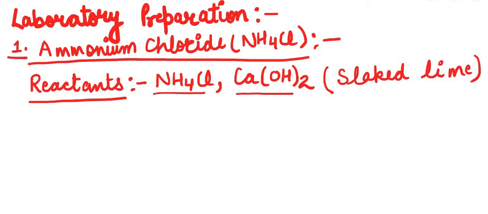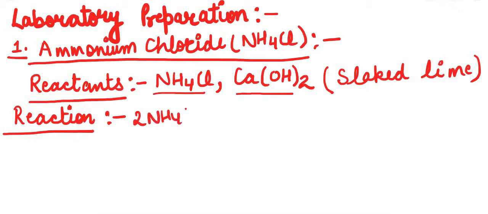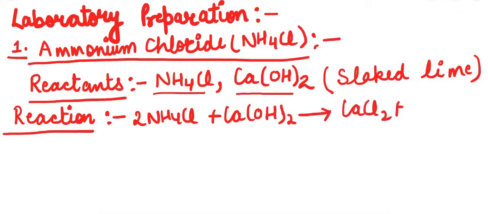The second thing is the reaction involved in the formation of ammonia. 2 ammonium chloride reacts with 1 calcium hydroxide, forming 1 calcium chloride along with 2 molecules of water and 2 molecules of ammonia.